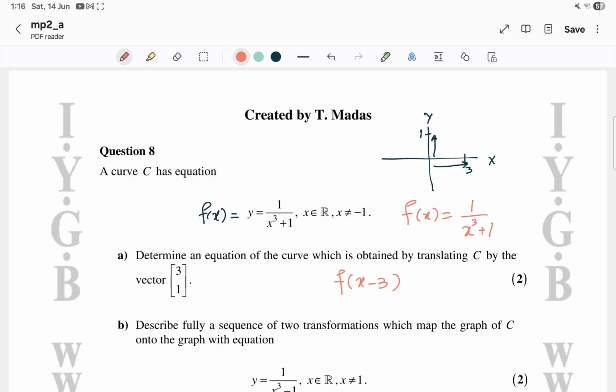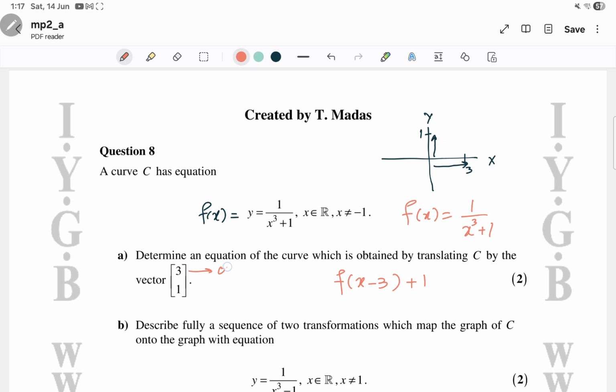If we have to move 1 unit up according to the vector, that means we have to do the same operation with the function. If there is addition of 1 outside the function, that means we add 1 to the y coordinate of the given curve. So it should be addition of 1 outside the function and we take away 3 inside the function.